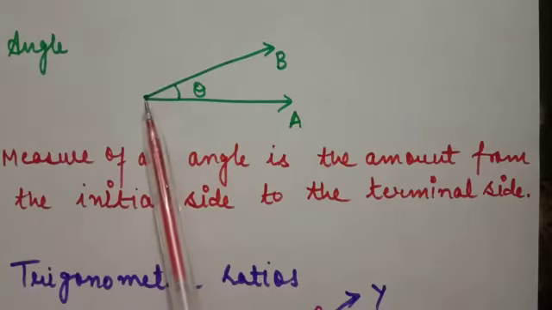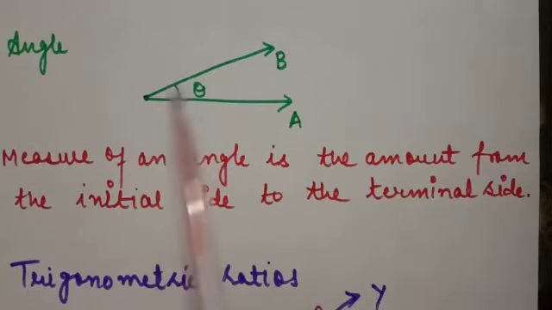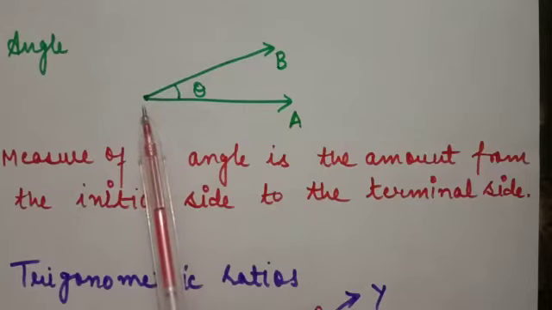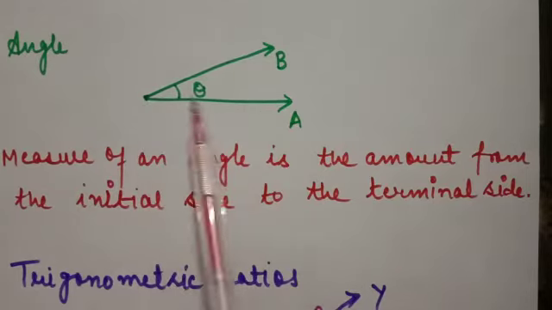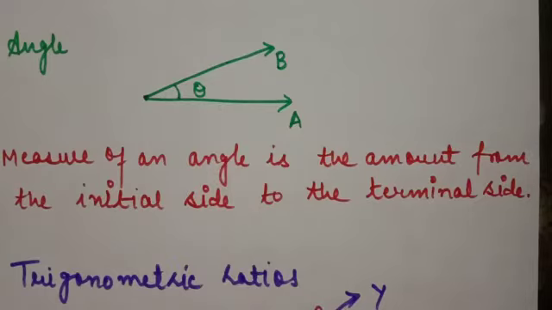Generally, we can say that when two rays originate from a common vertex, they make an angle. Or we can say that an angle is the figure obtained by rotating a given ray about its end point.